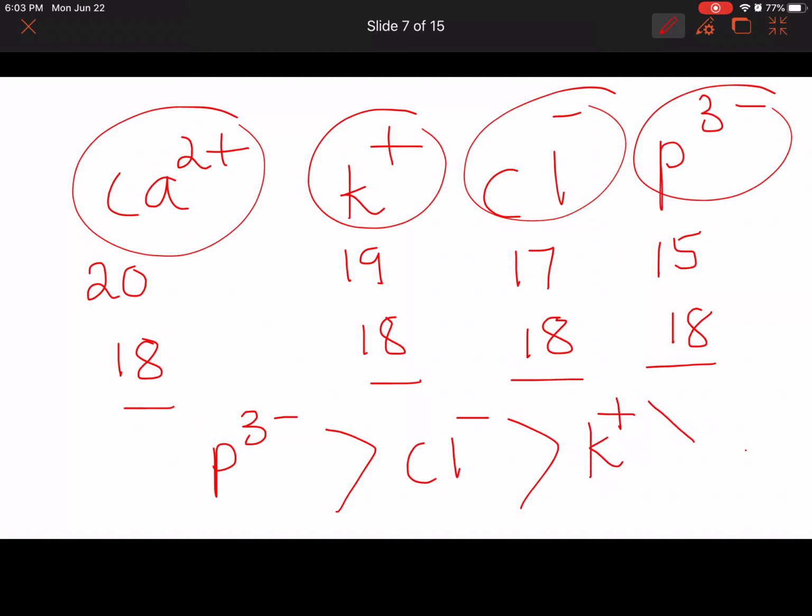The more positive the charge, the more the electrons are pulled toward the nucleus and the smaller the ion. So potassium is plus 1, calcium is 2 plus. So the correct order would be P3 minus, Cl minus, K plus, calcium 2 plus for number 29. The correct answer is D.